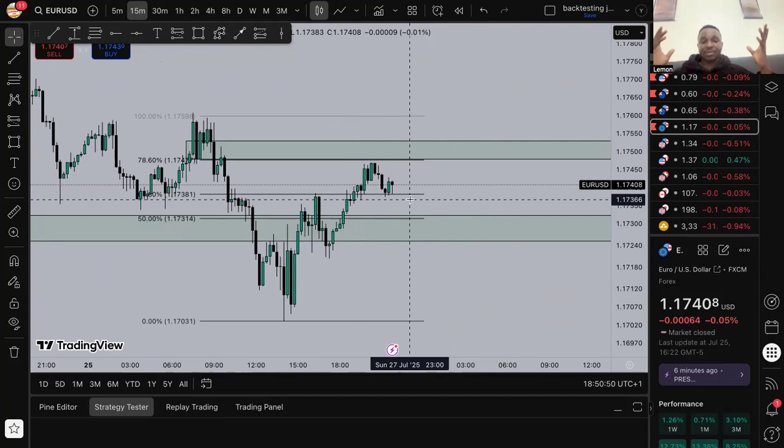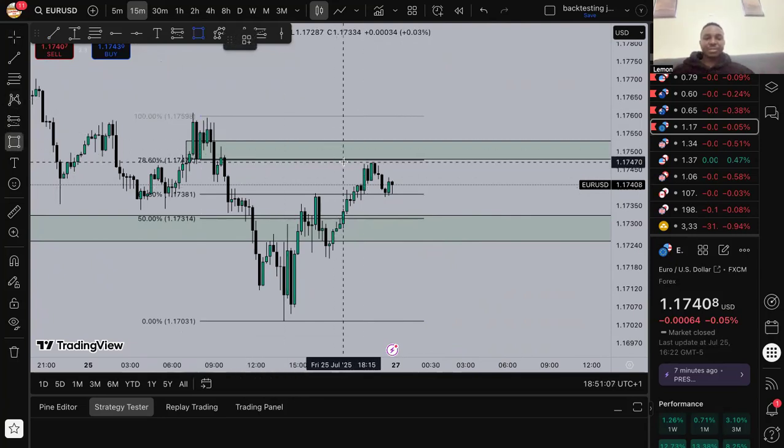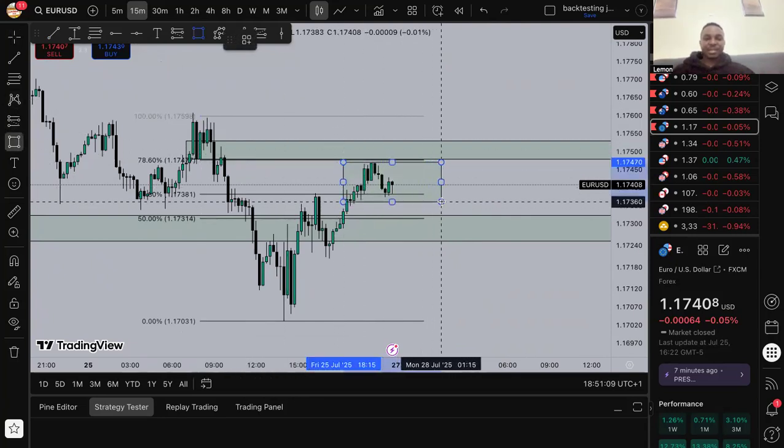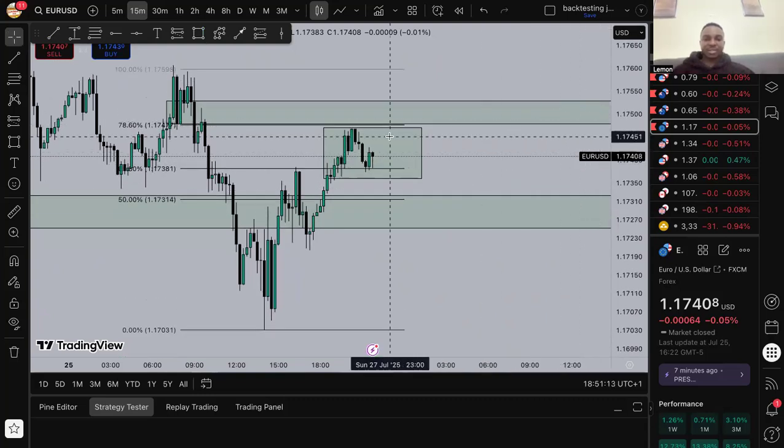When price retraces to your level, you just search for your chart pattern and your candlestick formation. Then you take your trade without flinching. Again, you just take your trade and let the probability work for you. So that's that for Euro USD. We're just looking for that candlestick formation, and let's see how it plays out.